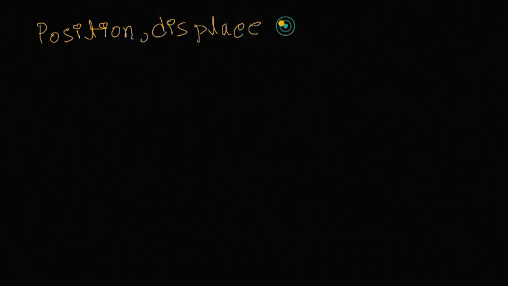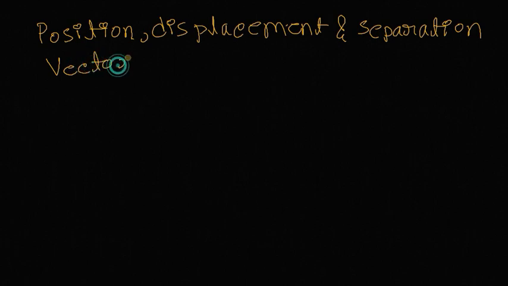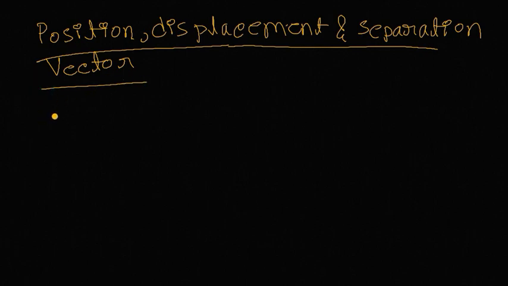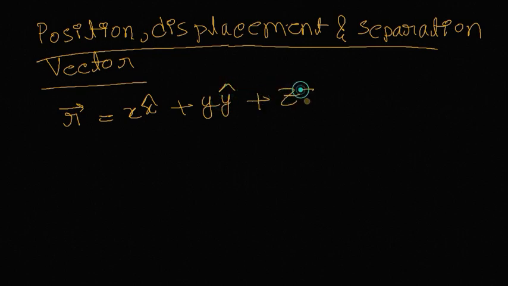The next topic is position, displacement, and separation vector. So the position vector is written by r vector, which means x x cap plus y y cap plus z z cap.